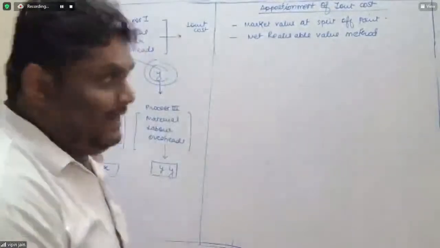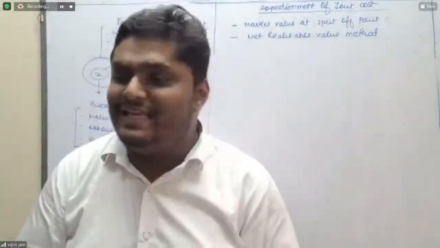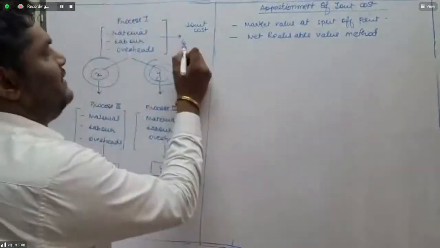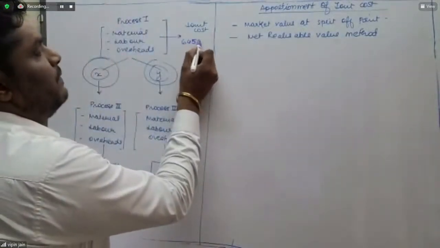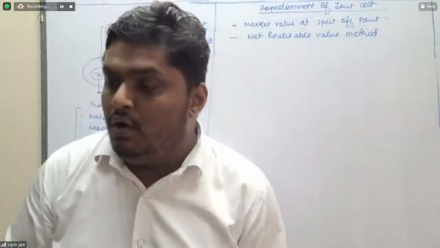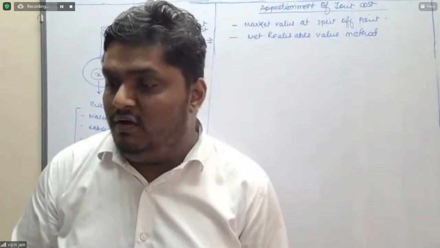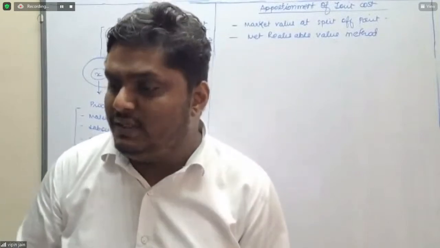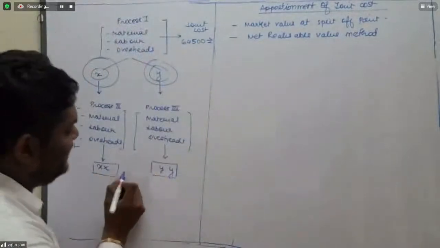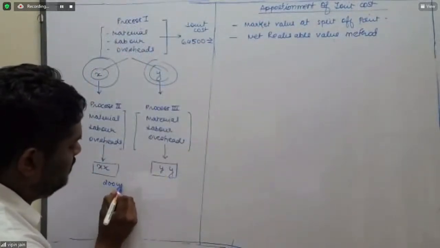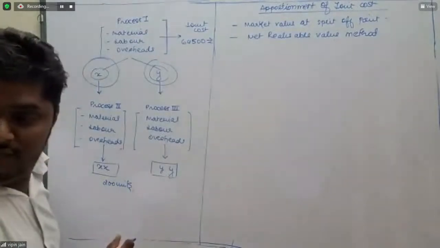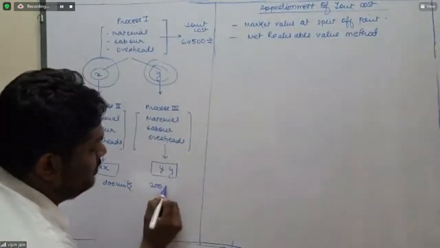So now let's discuss this concept of net realizable value with the help of an example. Let's say the joint cost is 64,500. Now, the final output of A, let's say 2 products, that is X and Y. Let's say the final output of double X is 200 units, and again for Y also it is 200 units.